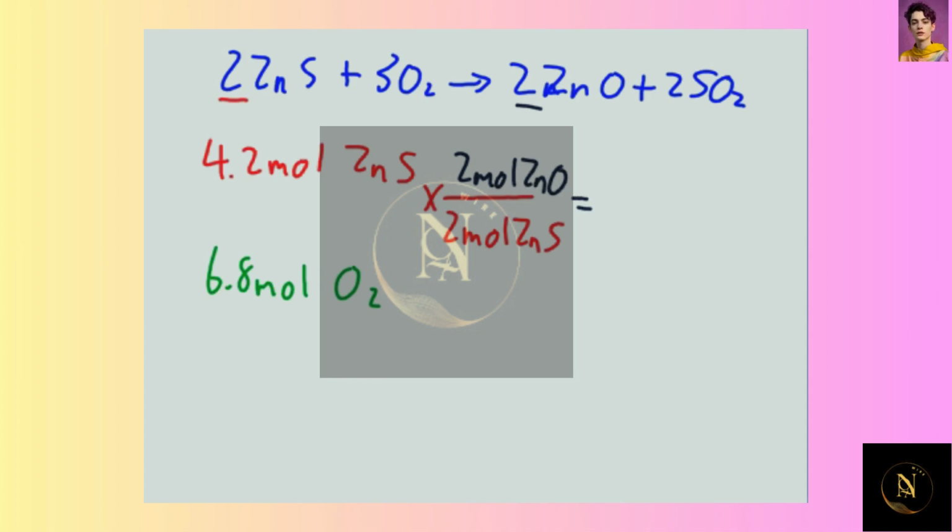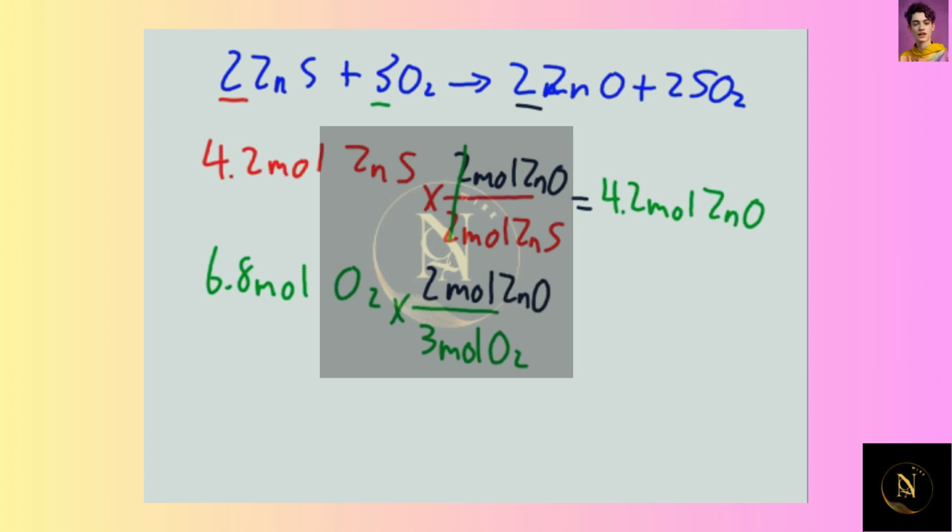If this completed, this would be a 1-to-1 ratio, and therefore we'd get 4.2 moles of product. Now let's check it for oxygen, which has 3 moles reacting, forming again 2 moles of zinc oxide.